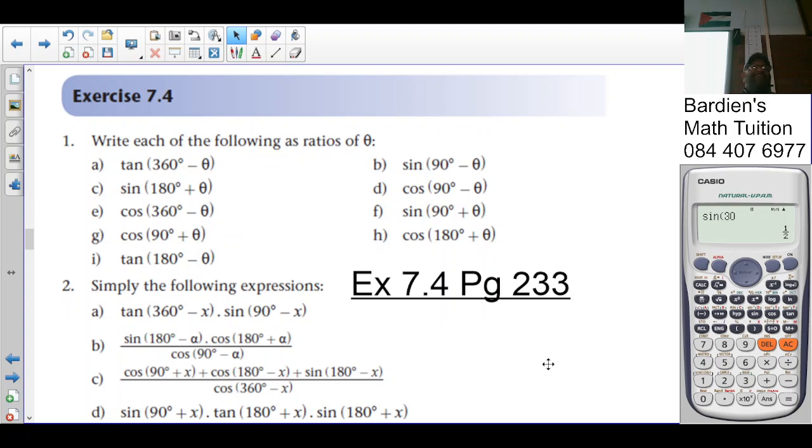Now listen, whenever I mark your paper I'm going to remember, oh, you're that girl. What's your name? Right, 7.4, you're going to do the whole exercise.